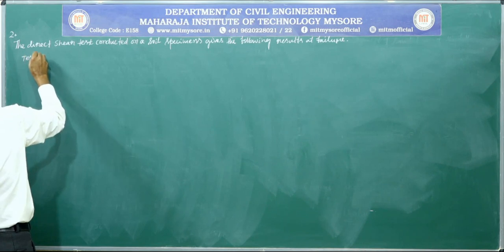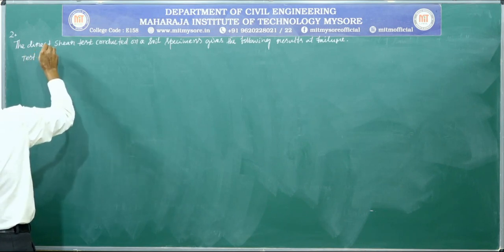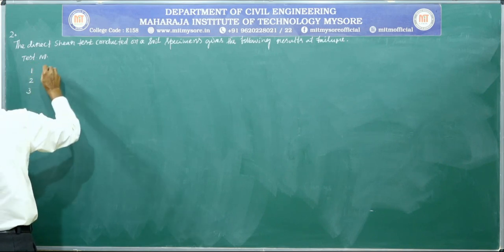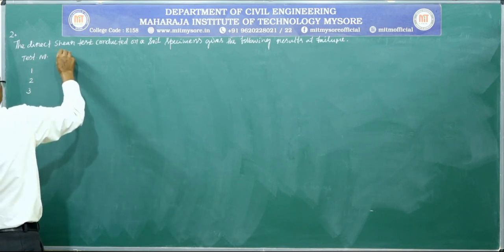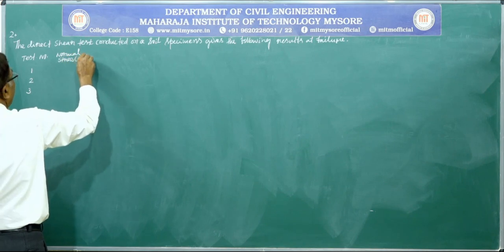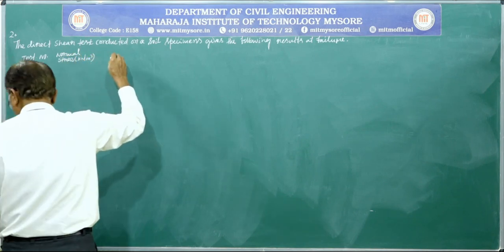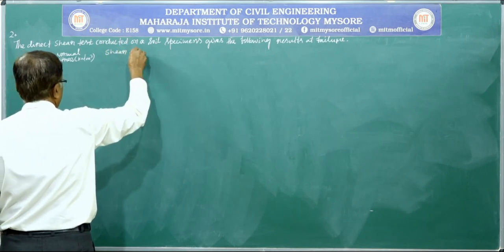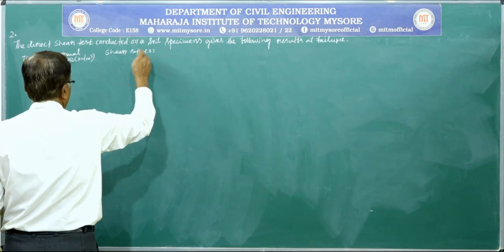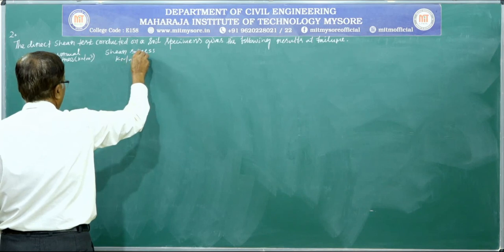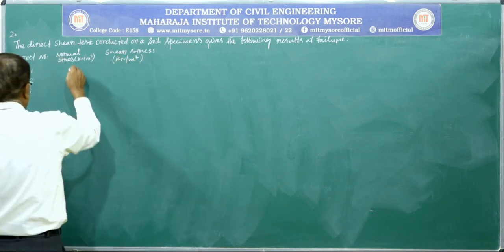Next, test number, means trial number 1, 2, 3, normal stress in kilonewton per meter square, shear stress, again in kilonewton per meter square.